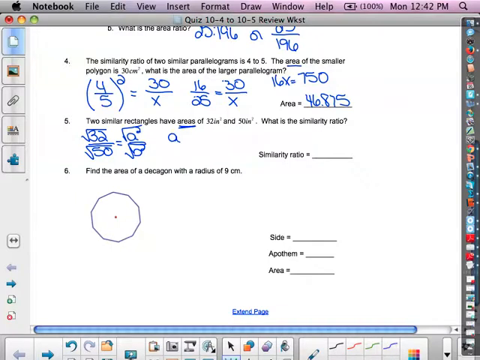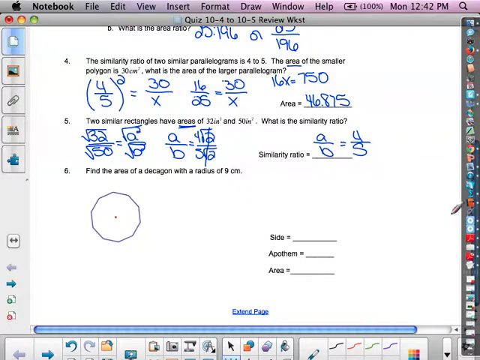So that means a is to b as the square root of 32, that's 2 times 16, so that becomes 4 root 2, and b, 25 times 2, or 5 root 2. The root 2's cancel. So the similarity ratio a to b is 4 to 5.